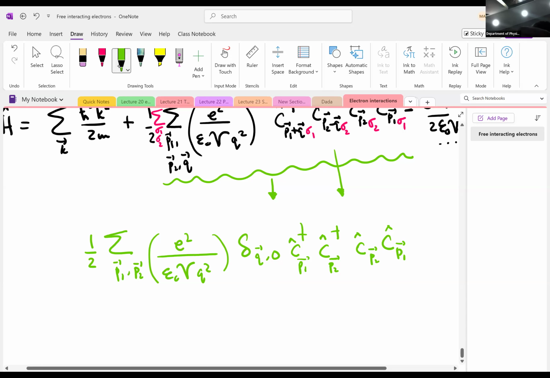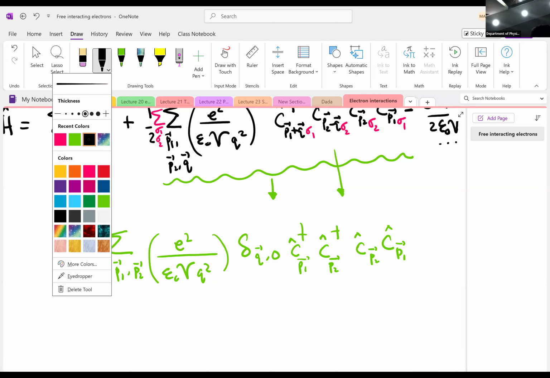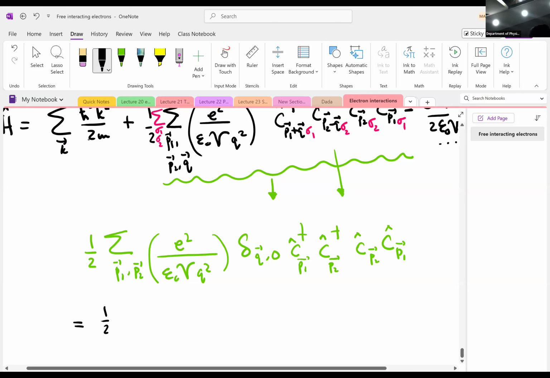So if I notice, this term becomes half E square over epsilon naught V Q square delta Q0 sum over P1.